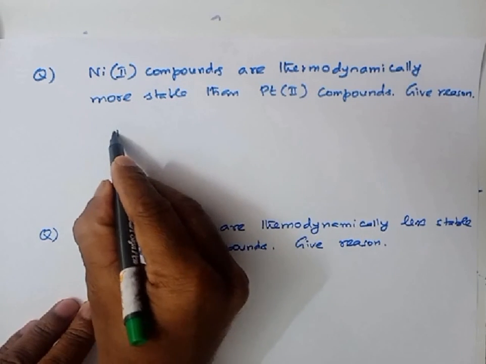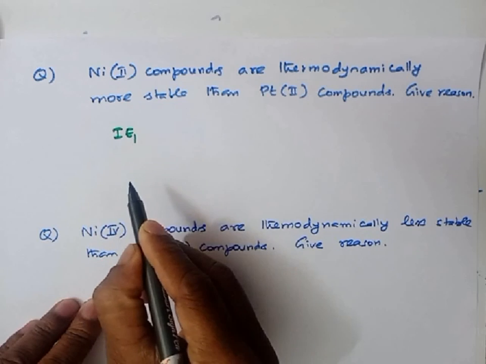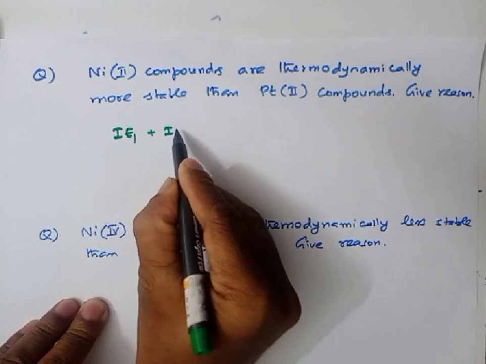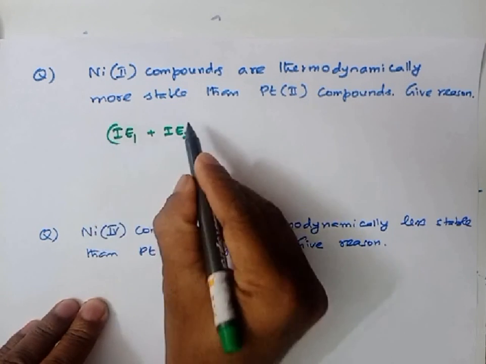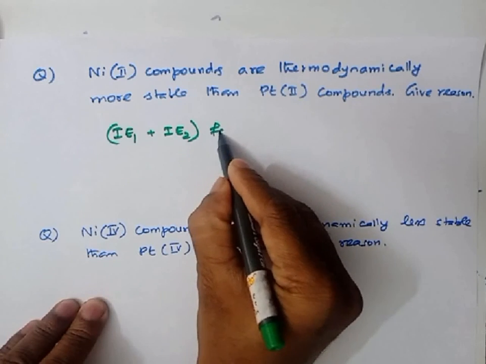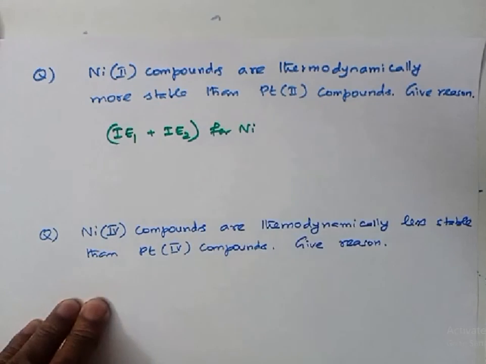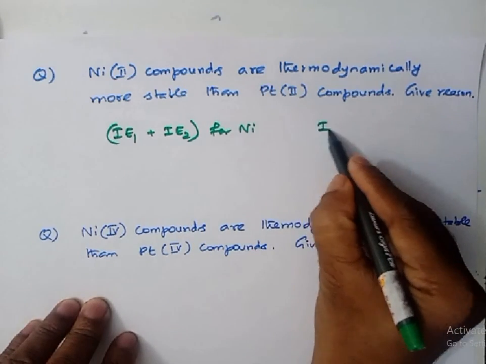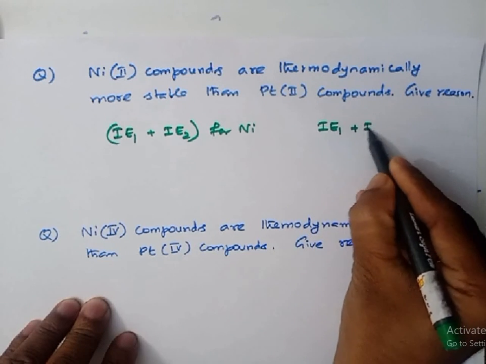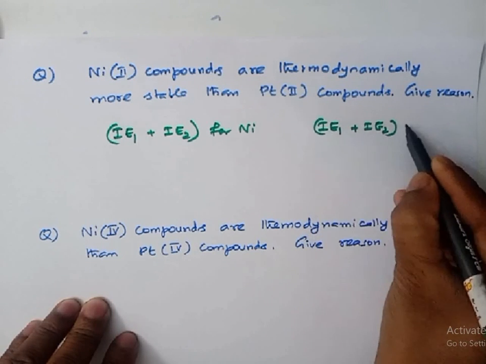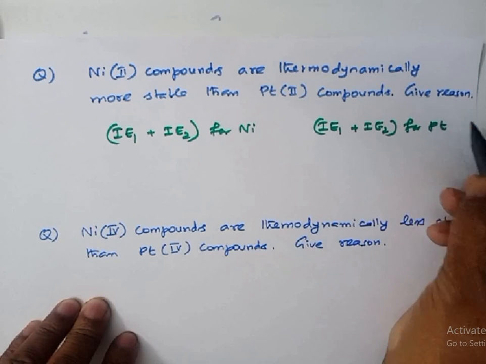So first ionization energy plus second ionization energy, the sum of these two for nickel, and similarly the sum for platinum.